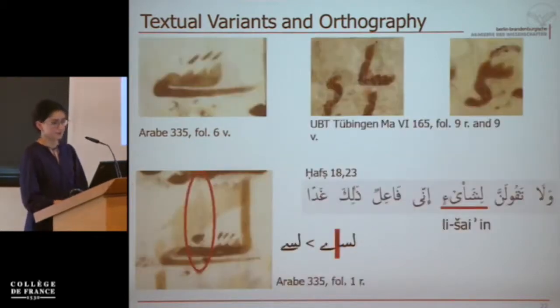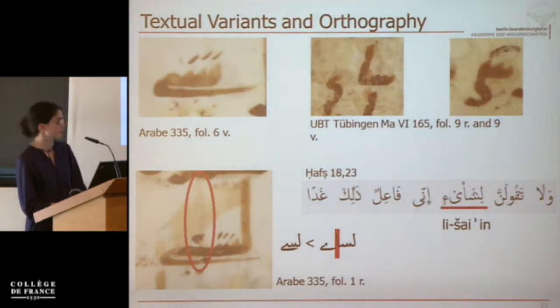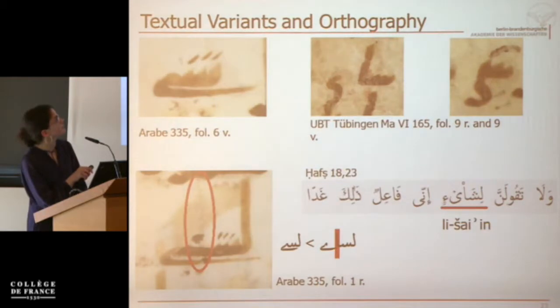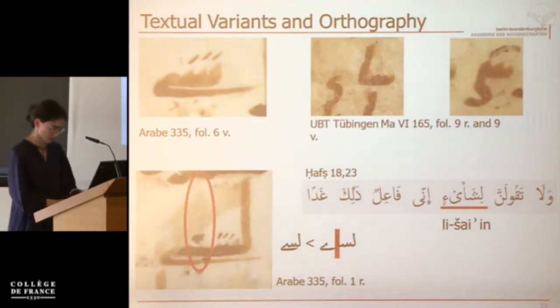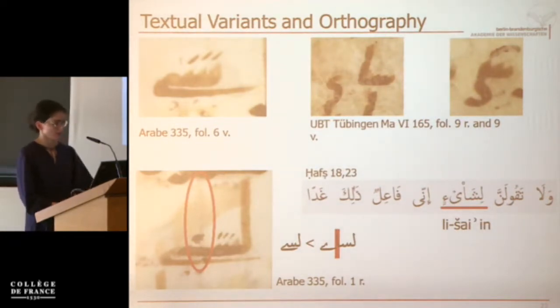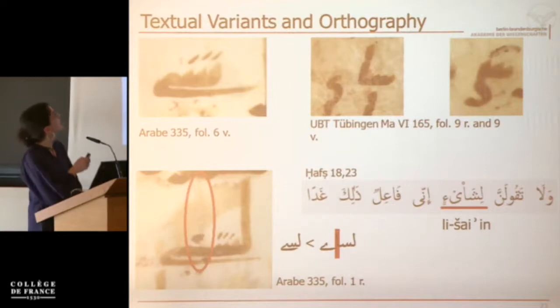Another interesting example is the writing of Shay. In Hijazi or early Quran manuscripts, there are many cases where you can have the writing with alif, which is not in the Hafs text.